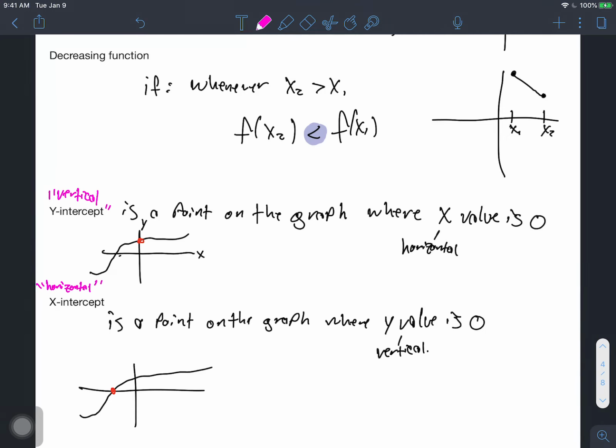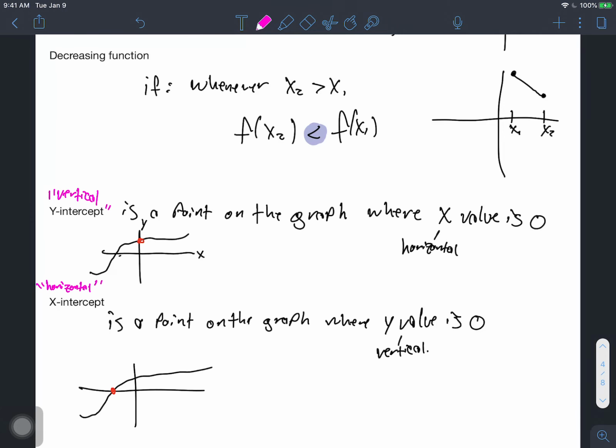And if we have a horizontal intercept, it means that our vertical value is 0. It's kind of confusing how they name it that way, but what they're trying to describe is the fact that a vertical intercept is intersecting the vertical axis, and a horizontal intercept is intersecting the horizontal axis.